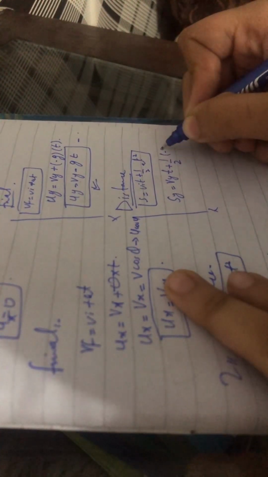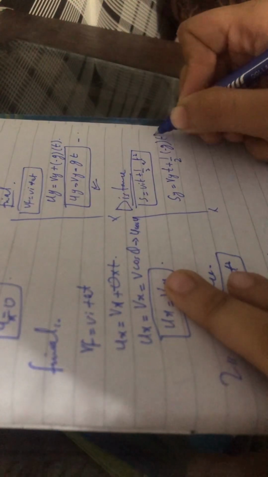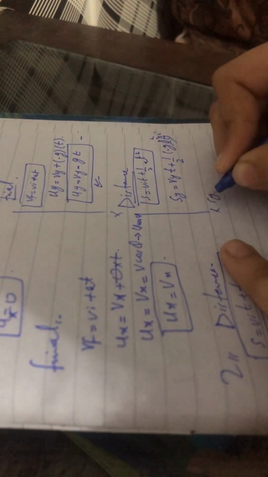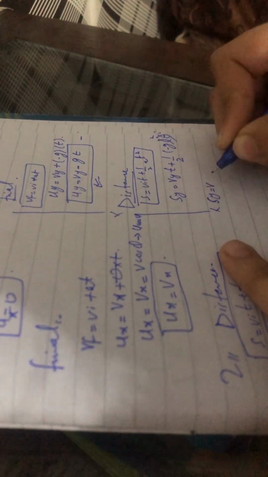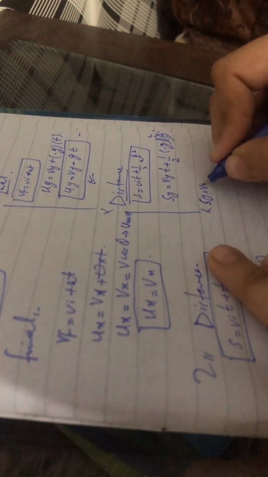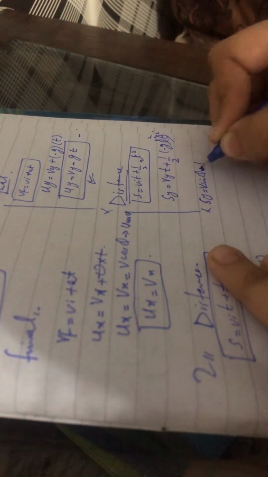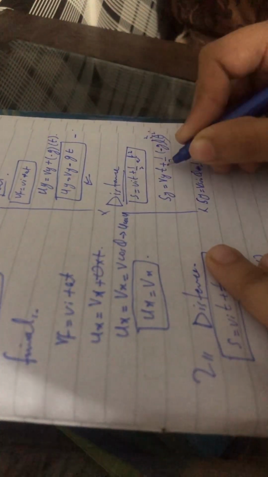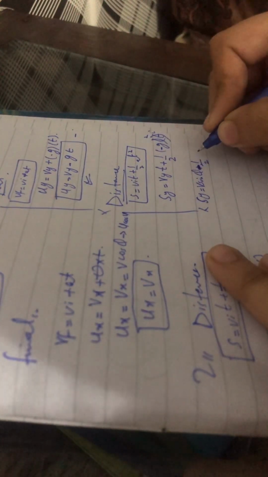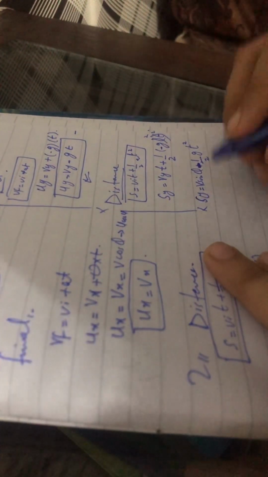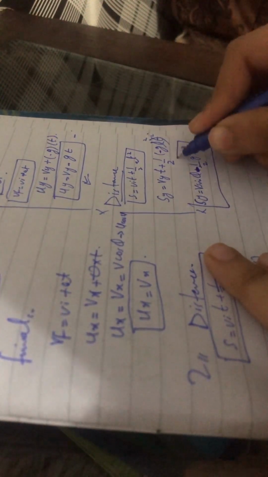That is minus g, times t square. So sy is equal to vy t. Instead of vy we can write V sine theta, plus minus 1 upon 2, because this minus, when it multiplies, stays minus, so gt square. So this is for finding the distance in the y direction.